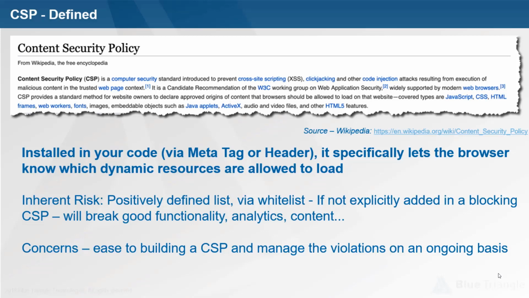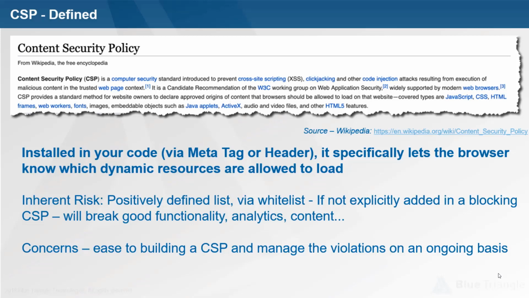That's really the key piece of this. And it does it for a variety of source types, images and fonts and JavaScripts as well. It's actually installed in your code, a content security policy, via a couple of different methods, meta tag or header. And it specifically lets the browser know which dynamic resources are allowed to load.